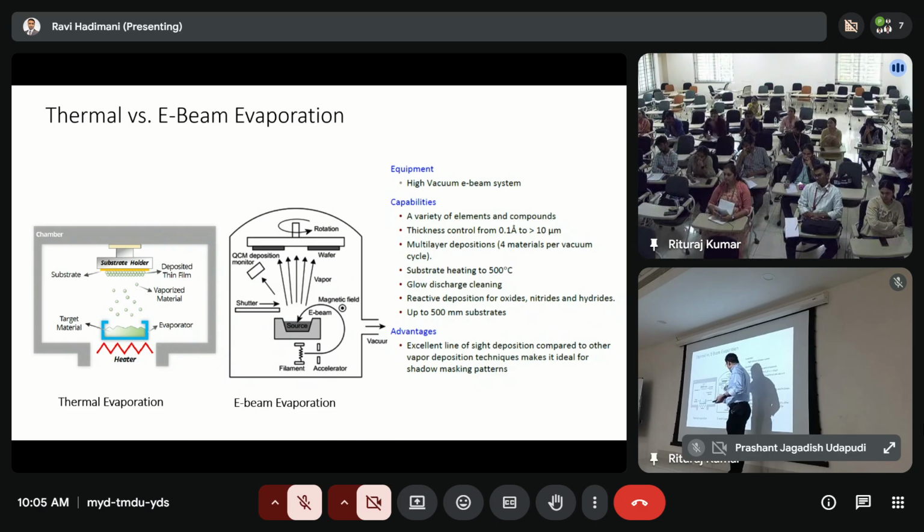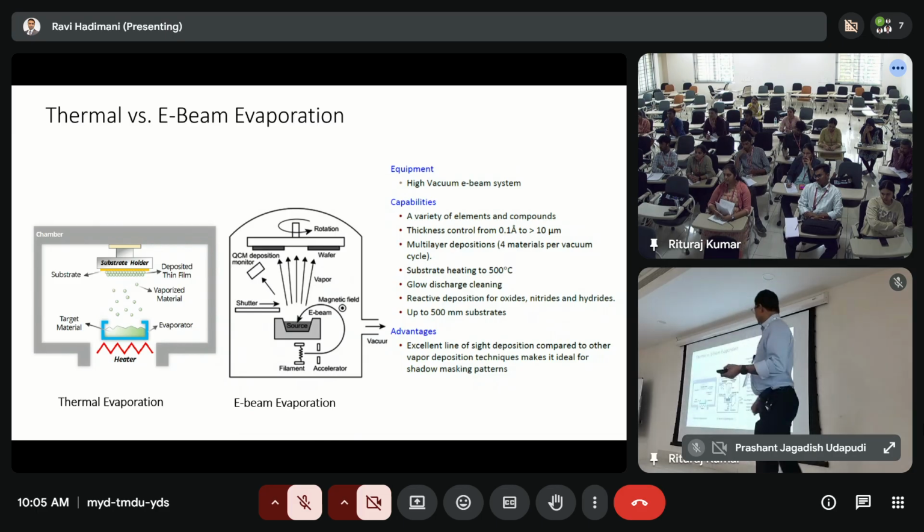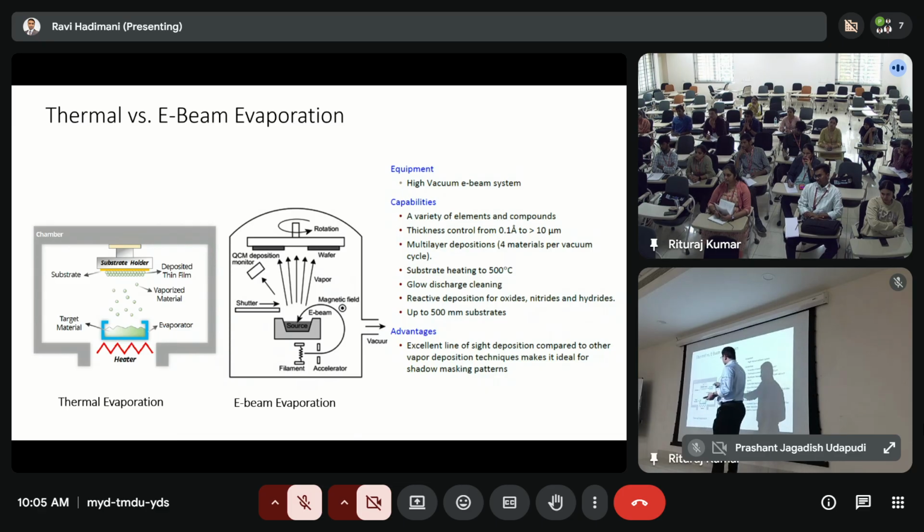So the vapor is ejected from the target and deposits on the wafer or the substrate here, and the substrate keeps rotating so that you get uniform deposition. And you can monitor the deposition with a QCM deposition monitor. QCM is, does anybody know what QCM is? It's quartz.